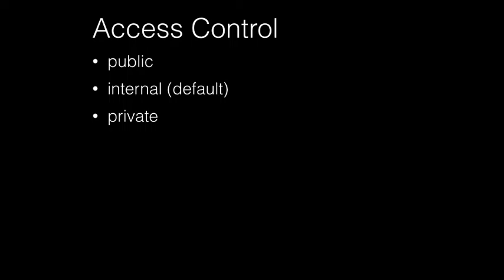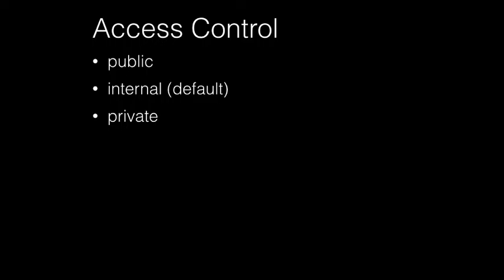Right. So access control. Access control is different in Swift. Access control is scoped by the module, which is like the project, or the app, or the framework, and by the file. So if something is in the same file, it's visible to everything else, even if it's marked private.